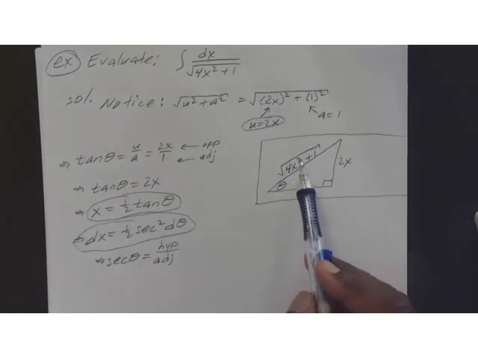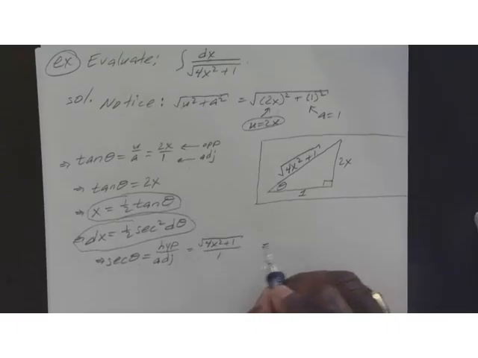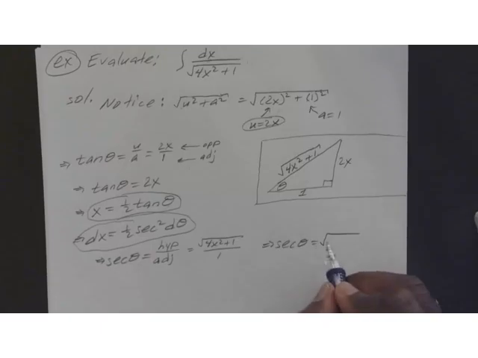So that's the square root of 4x squared plus 1 over 1. Which means that secant of theta is just the square root of 4x squared plus 1.